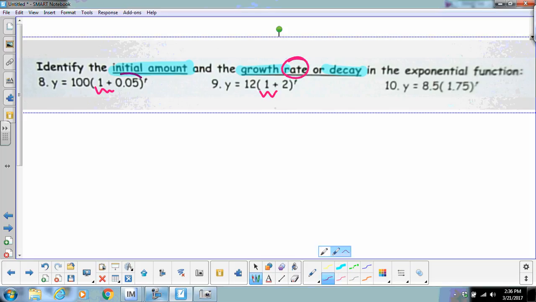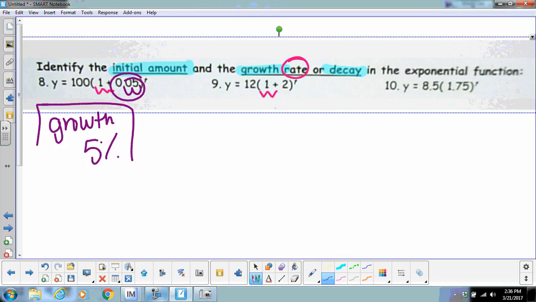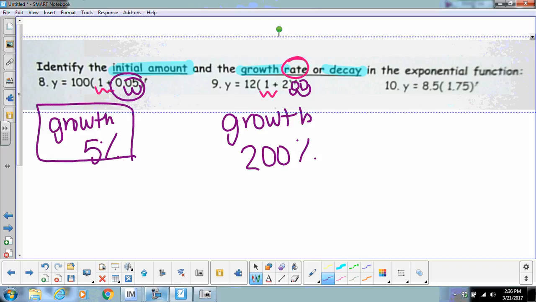So like right here, we know it's 1 plus, so that's going to be growth. And then we just have to move our decimal, and it's growth by 5%. Okay, with number 9 here, though, it's still growth because it's a plus. Okay, but the decimal is technically here, so when you move it over twice, it is 200% growth.